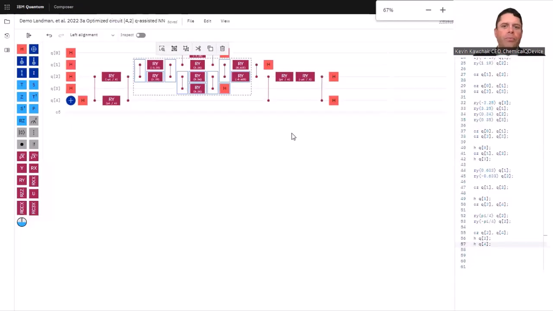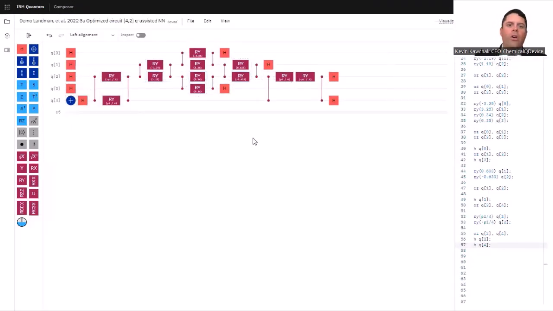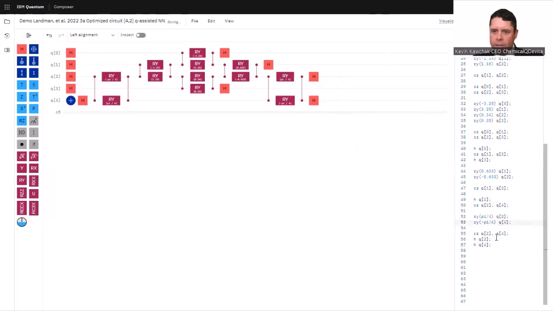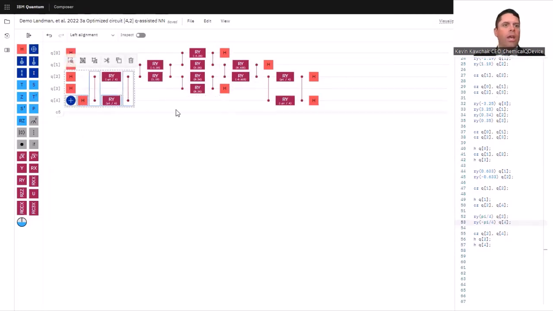So, okay, so H, H, this, and then there's a mistake. So this is RY. The last RYs should be 2 and 4. And that is positive, negative. And then H, CZs, RYs, H. And let's see here.